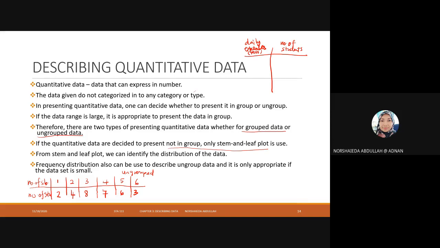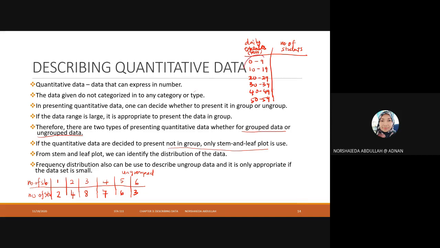Okay, so some students spend 0 ringgit, some 10 to 19, and let's say the most is 50. Then 30 to 39, 40 to 49, 50 to 59. So in this case, we group the data.